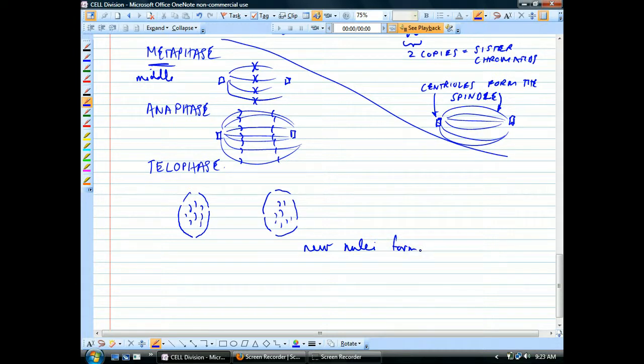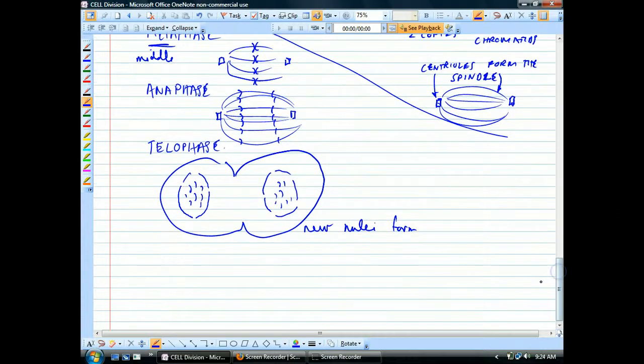Okay? Then the last thing that has to happen is that the cell is actually going to divide. Cytokinesis is happening kind of at the same time.